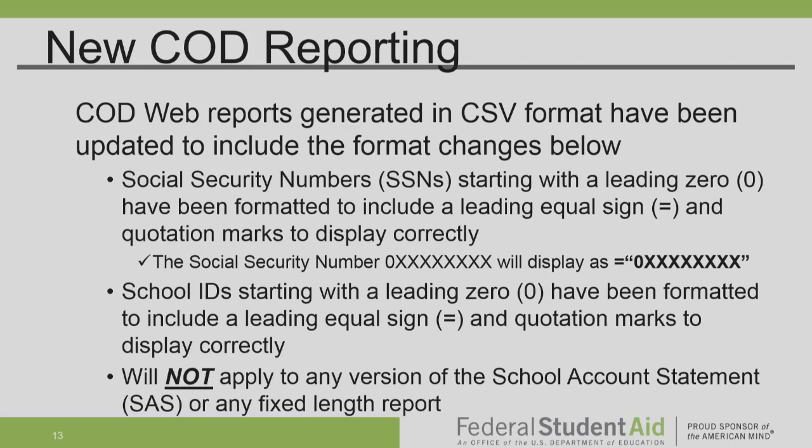Again, a caveat there at the bottom. None of that is going to apply to the school account statements, the SAS, or any other report that you pull down in a fixed length format, okay?